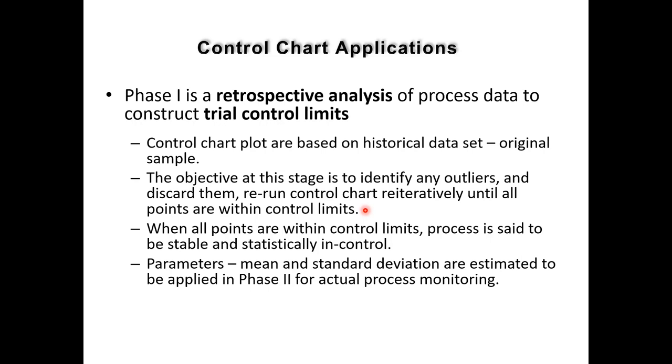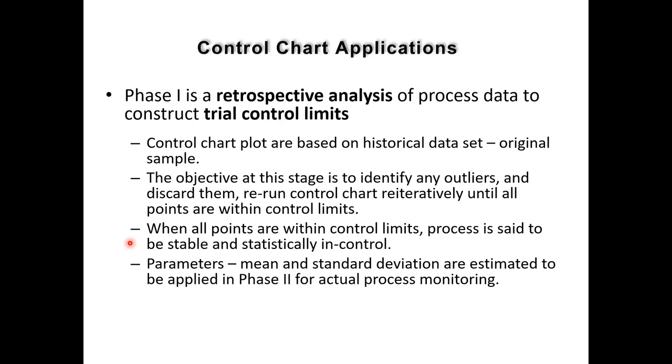So this process is iterative. You do it again and again until you have deleted all the out of control points, or the outliers. When all the points are within the control limits, the process is said to be stable and statistically in control.